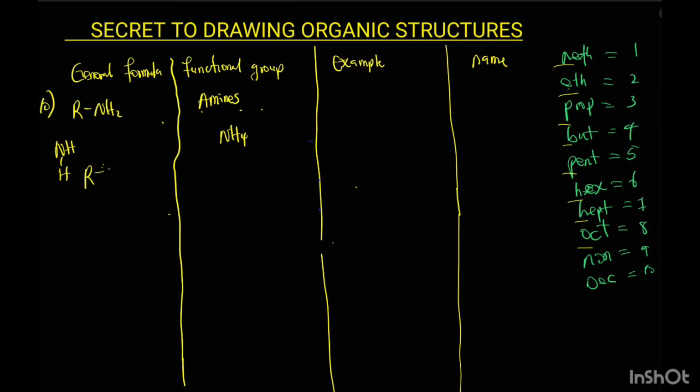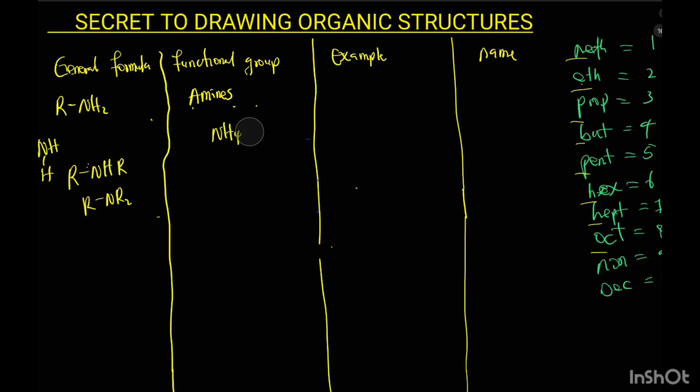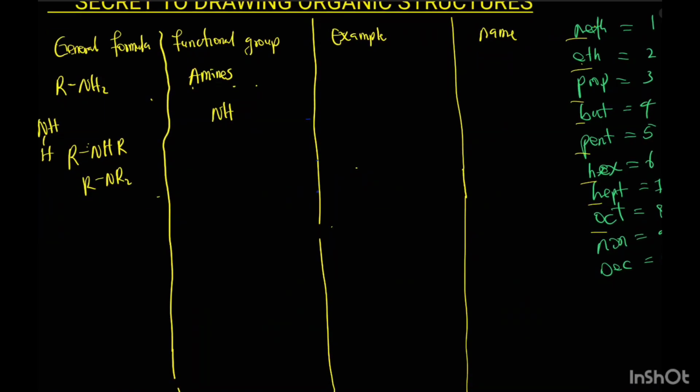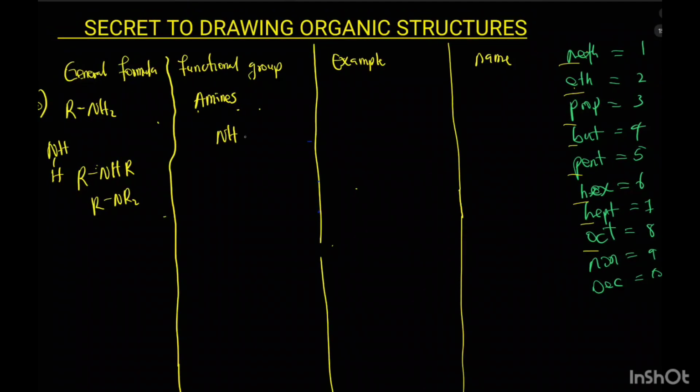Let's say one of the hydrogens was replaced, it's going to be RNHR. Since both hydrogens are replaced, it's going to be RNR2. Right? Okay, so amines. Whenever you see NH2, it means you are dealing with amines. So the general formula is CnH2n+1NH2. That's why I'm using R to represent it.